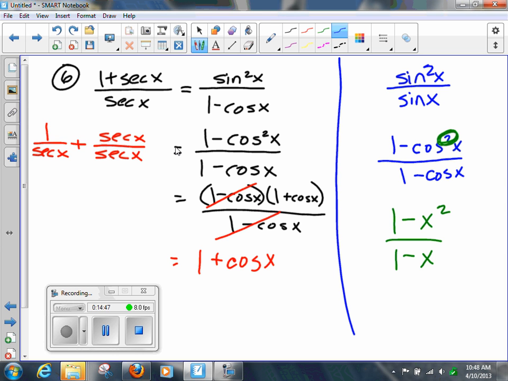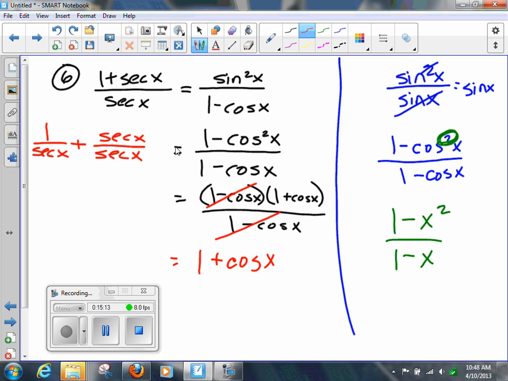These, I can cancel all day long. But if it's a binomial, don't you dare do that. Cannot do it. Why? Because I said so. Everybody's trying, a whole bunch of folks are trying. Is that what you were asking? Don't do it.